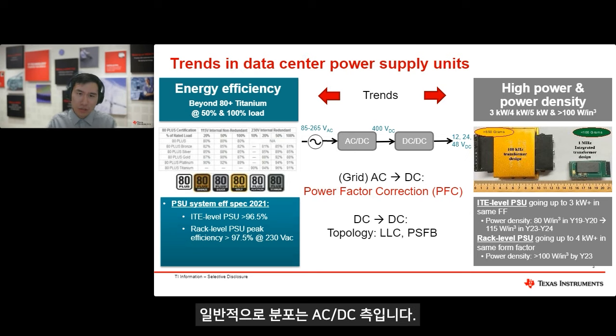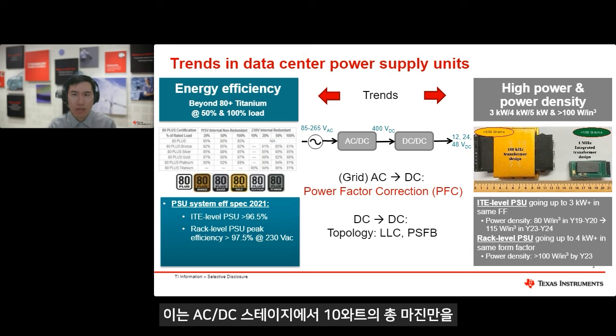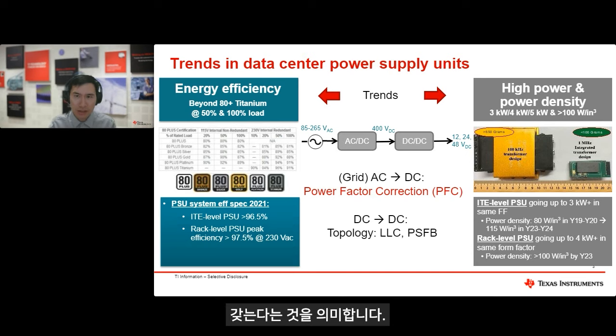Normally, the distribution is like on the AC/DC side, you want to design the PSU to be 99% half load efficiency, and 98% half load efficiency on the DC/DC stage, which means you only have 10 watt total margin on your AC/DC stage. This is not that easy to meet.